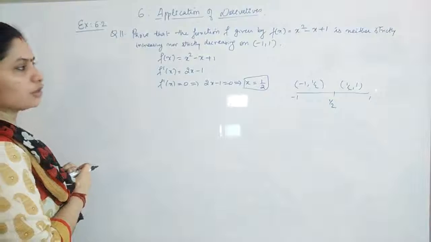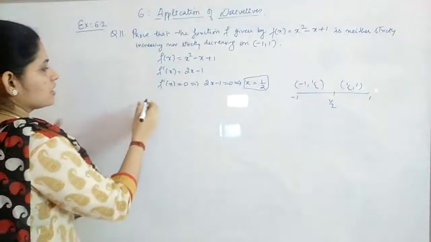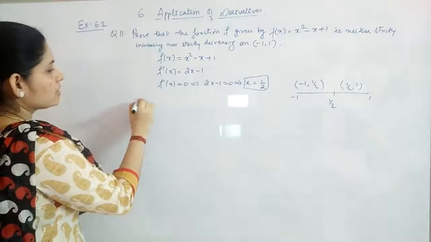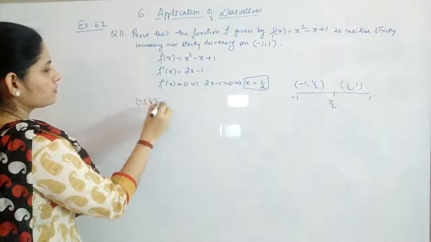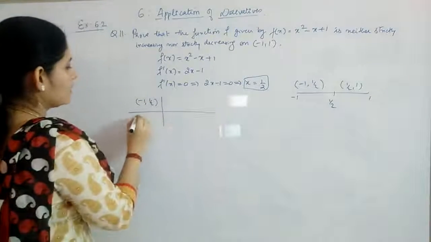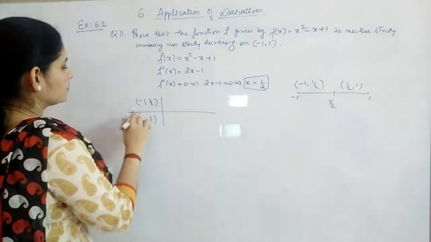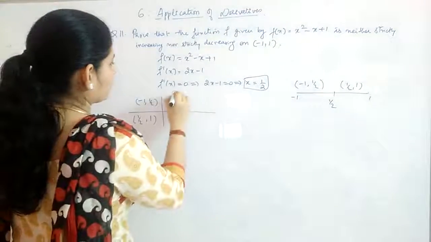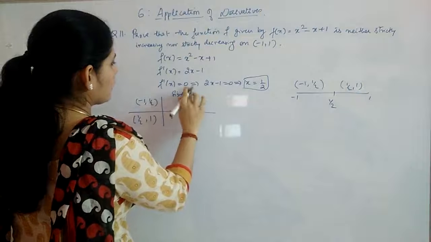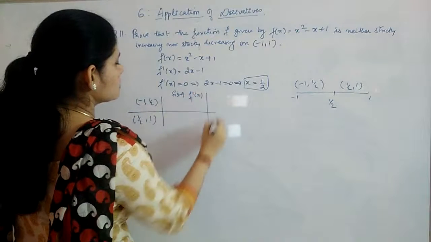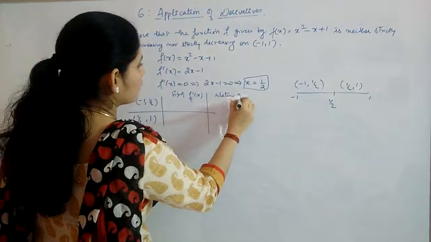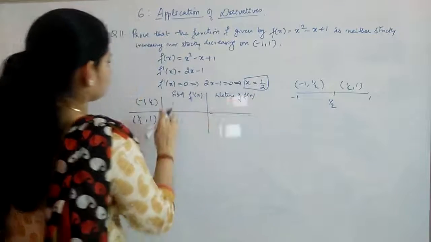Now we have to check for the values of f dash of x. So in the interval minus 1, half, you will have sign of f dash of x and nature of f of x.